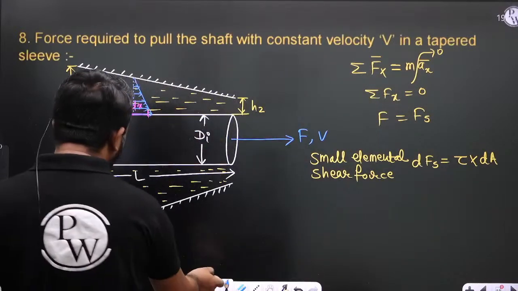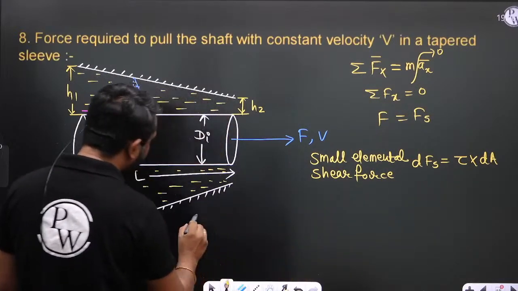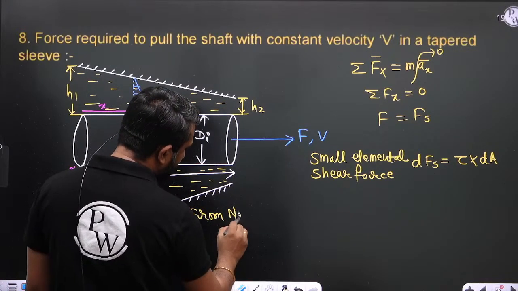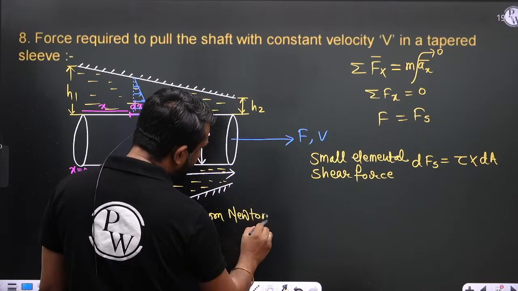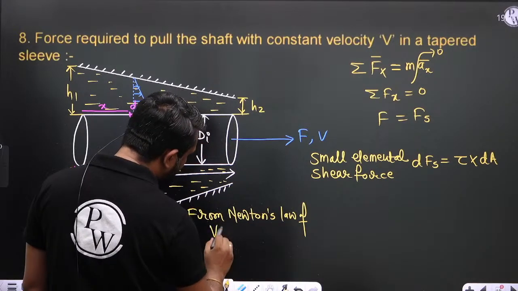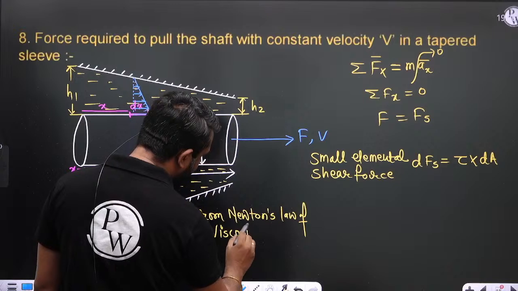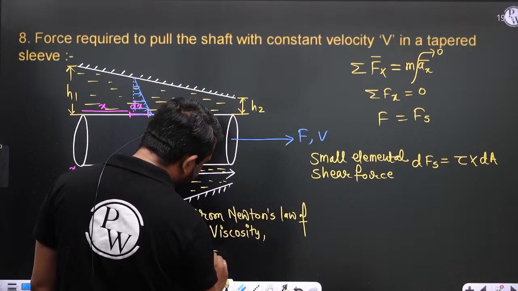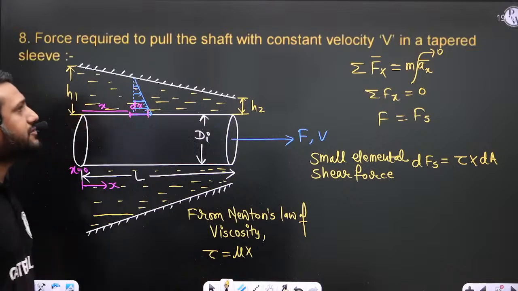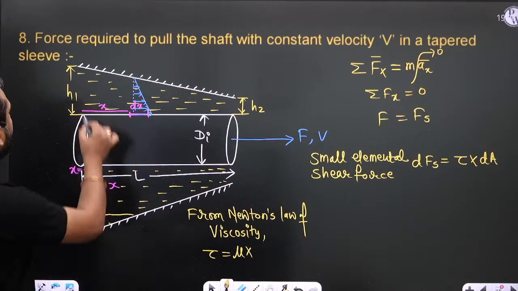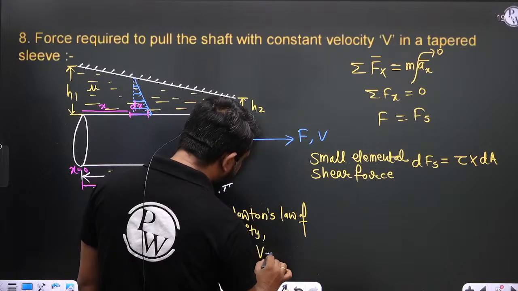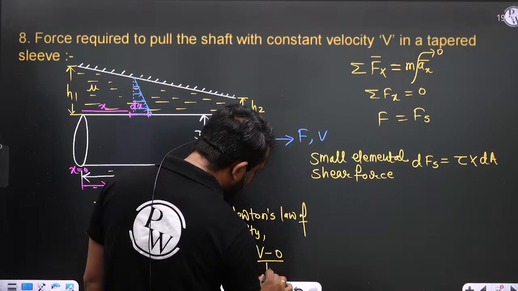Calculate tau from Newton's law of viscosity. So simply we can say that tau is equal to mu, the dynamic viscosity of the liquid, into V minus 0 divided by h, right?